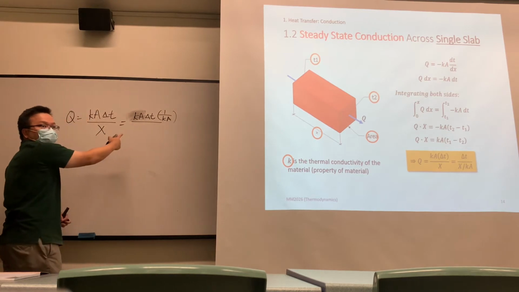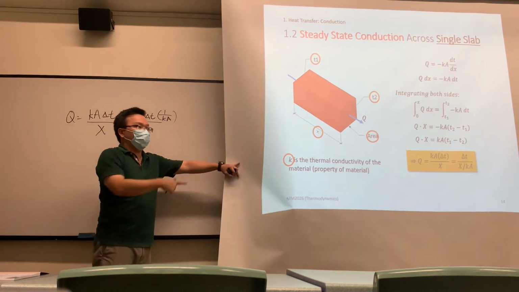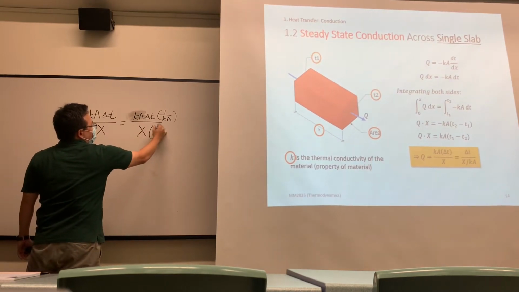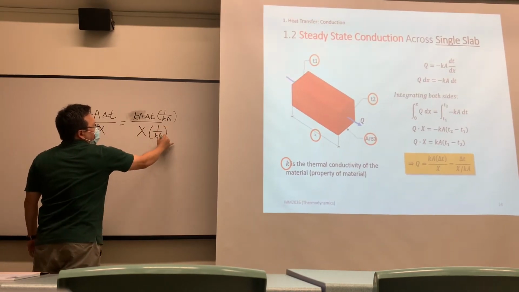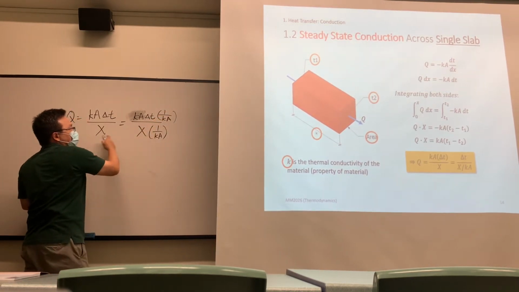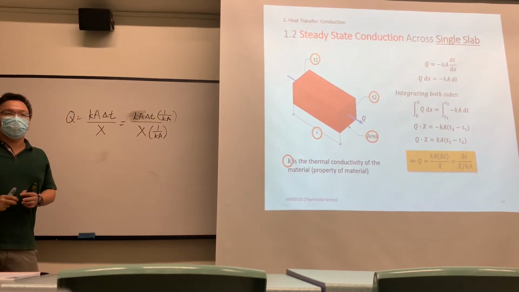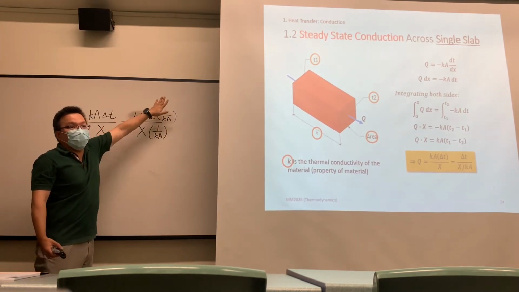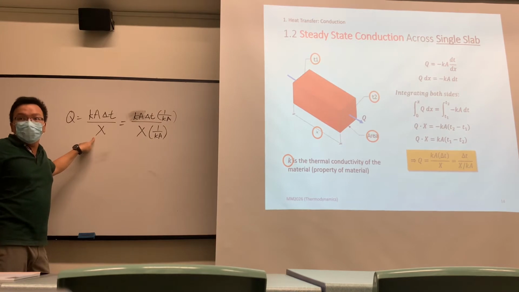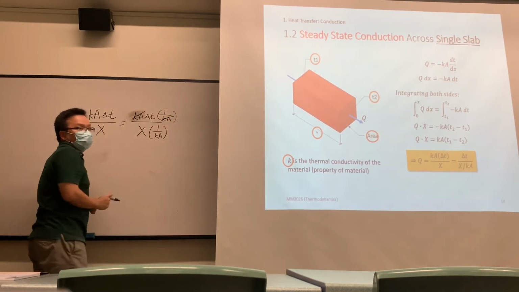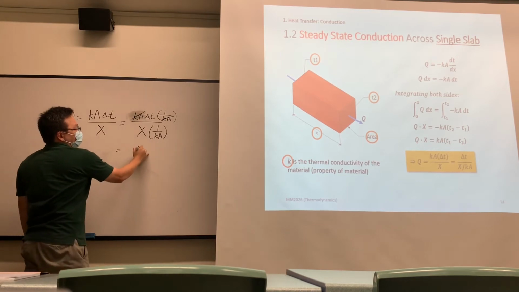Here I multiply by 1 over Ka, and down here with X, I also multiply by 1 over Ka. If I cancel these two, it's the same. Mathematically they can cancel off. So this Ka and this Ka cancel. What do I get next?